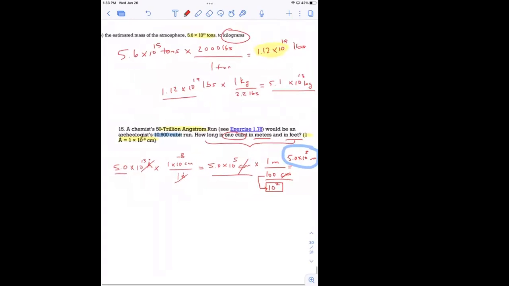Let's go ahead and do that in feet. We can do a direct conversion from meters to feet if we so choose, or we could do meters to yards, and then yards to feet. Which one do you want to do?